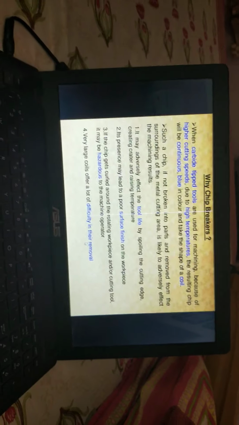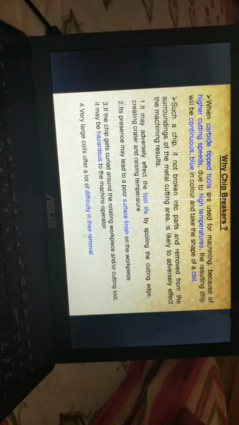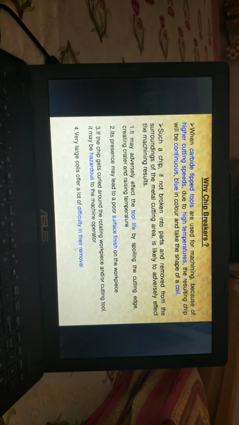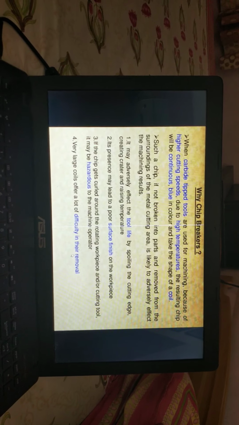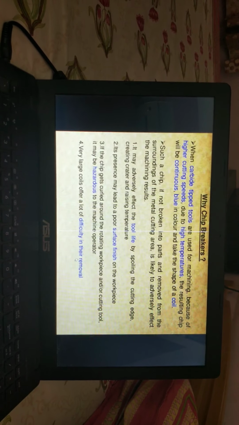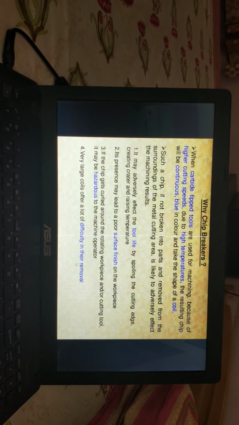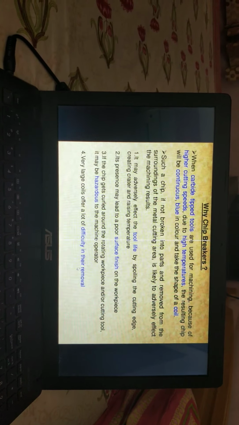Chip breakers: when carbide tips are used for machining, because of higher cutting speeds and high temperature, the resulting chip will be continuous, blue in color and take the shape of a coil. Such a chip, if not broken into parts and removed from the surroundings of the cutting area, is likely to adversely affect machining results.